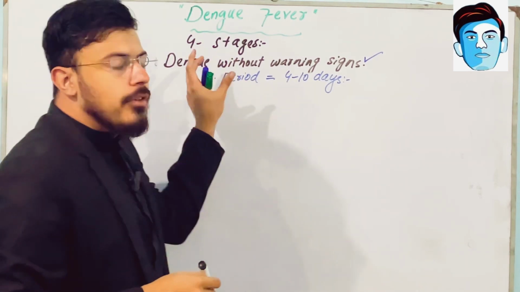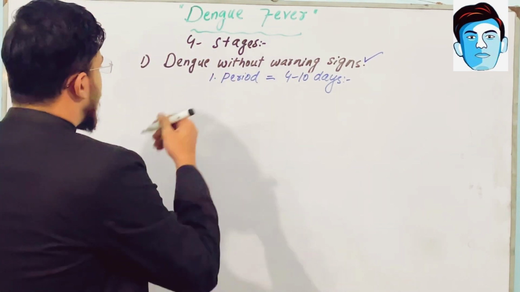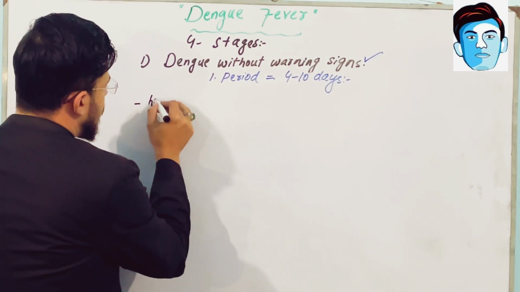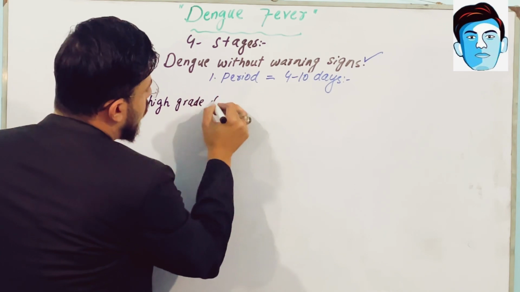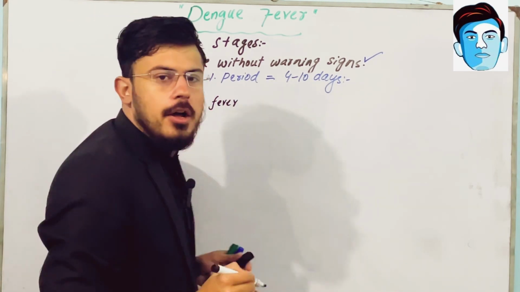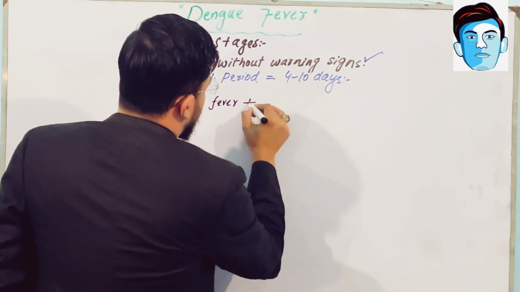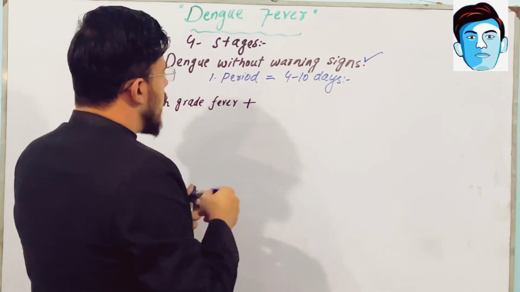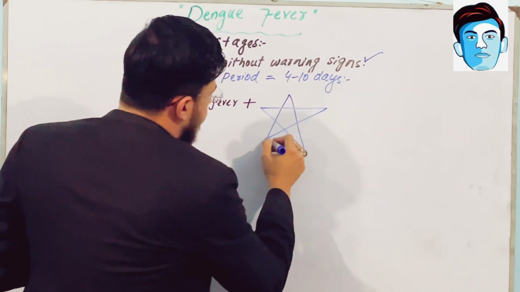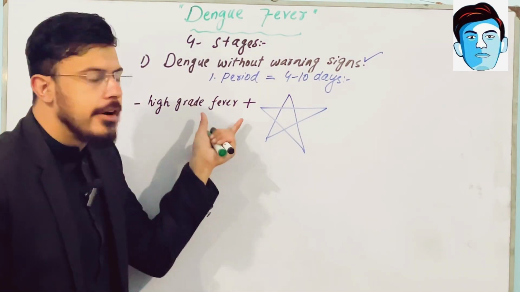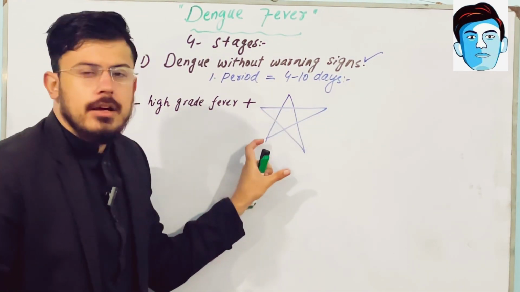In the first stage, there will be high grade fever up to 40 degrees centigrade, plus there is the STAR criteria.